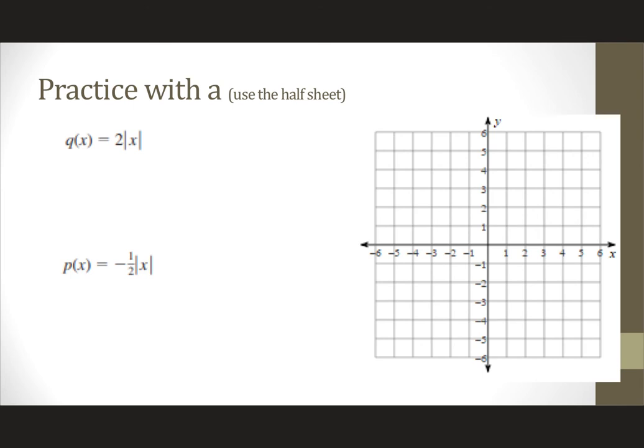Next, we have A. Now, A is special. A has 2 jobs. So in our vertex form, remember, we have y is equal to A times the absolute value of x minus h plus k. Now, A, like I said, has 2 jobs.